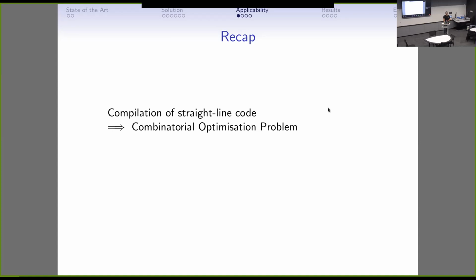No, that's okay. Then let's quickly recap what we've just done. We took compilation of straight line code and cast it as a combinatorial optimization problem. We then used genetic improvement, that's the part that we've seen earlier, iteratively mutating and measuring to solve this problem.